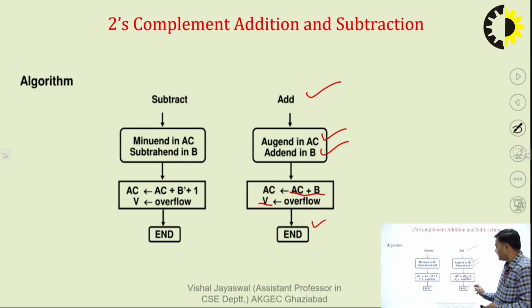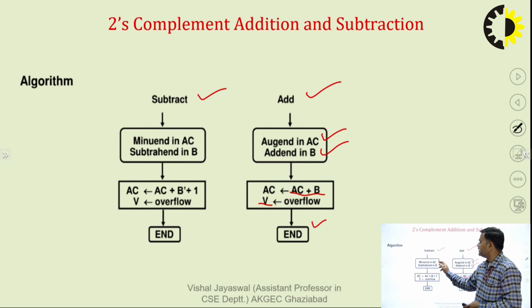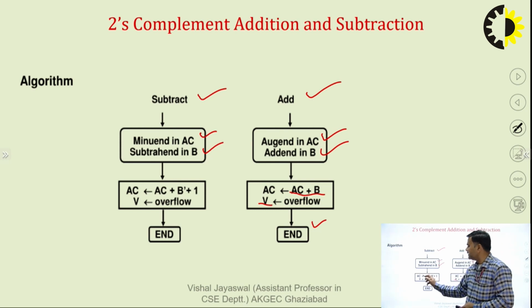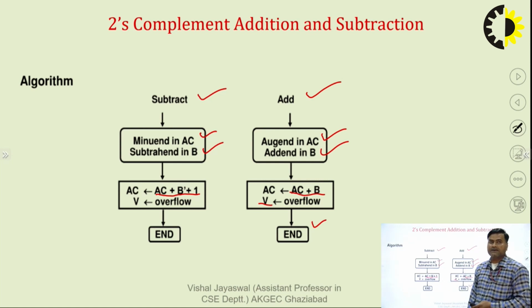this is the end. And if we talk about the subtraction, in subtraction, minuend in AC and subtrahend in B. And in subtraction, we first do AC plus B bar plus 1. Basically, in computers, there is no operation like subtraction.